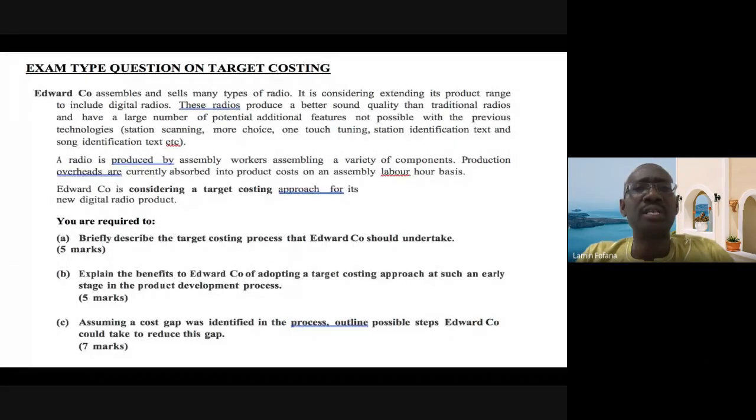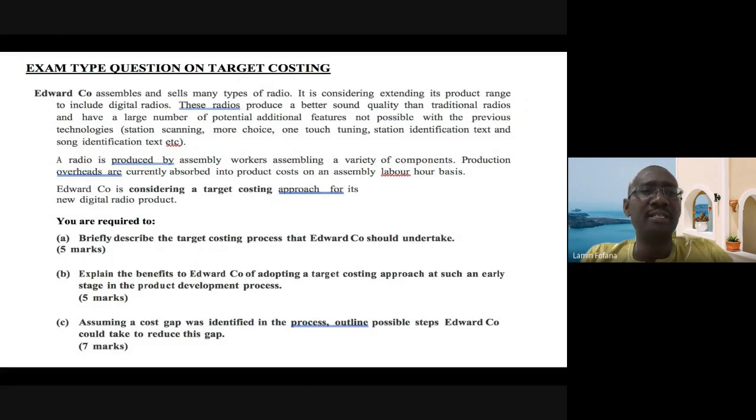Edwards Company assembles and sells many types of radio. It is considering extending its product range to include digital radios. These radios produce a better sound quality than traditional radios and have a large number of potential additional features not possible with the previous technologies, like station scanning, more choice, one-touch tuning, station identification text, and song identification text, etc., etc. A radio is produced by assembly workers assembling a variety of components.